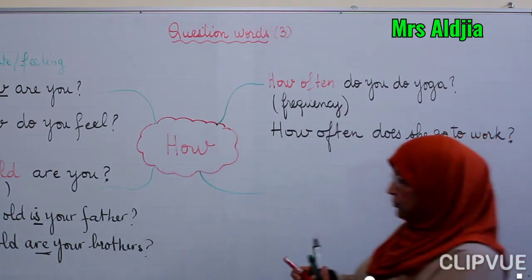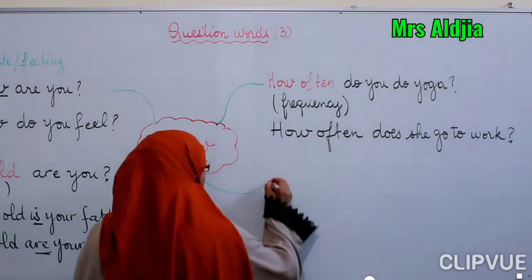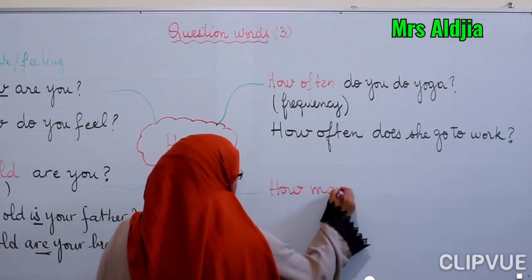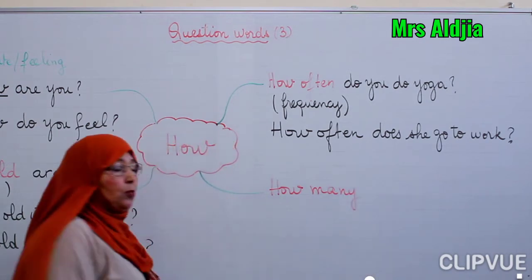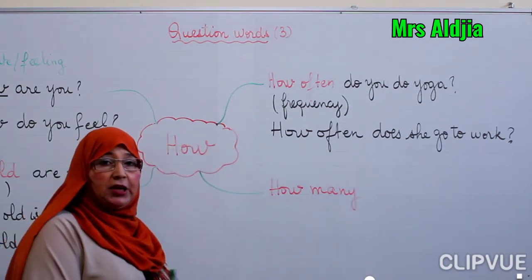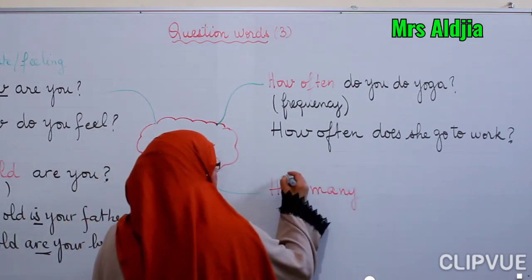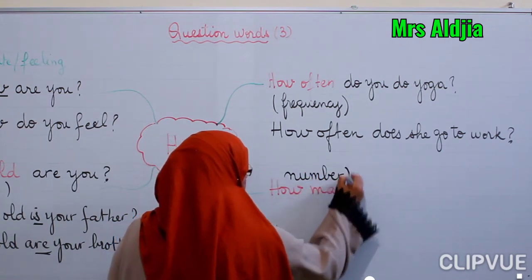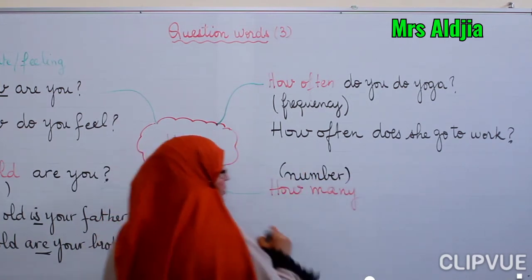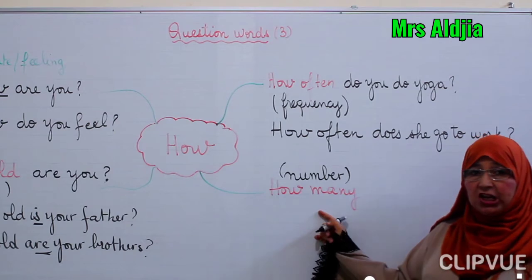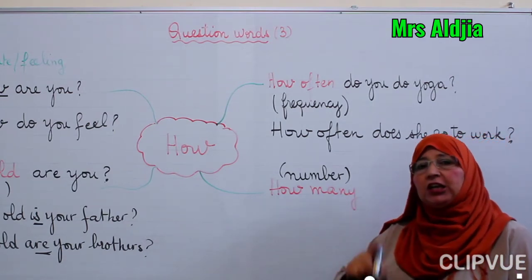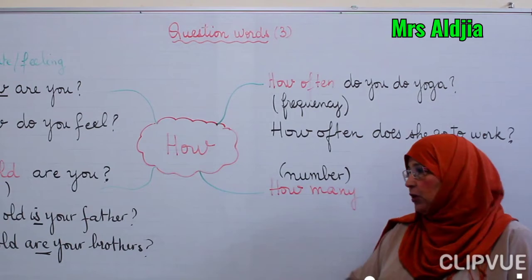We have another how. How many? When we ask how many, we are asking about a number. And for how many, we always put the noun in a plural form.